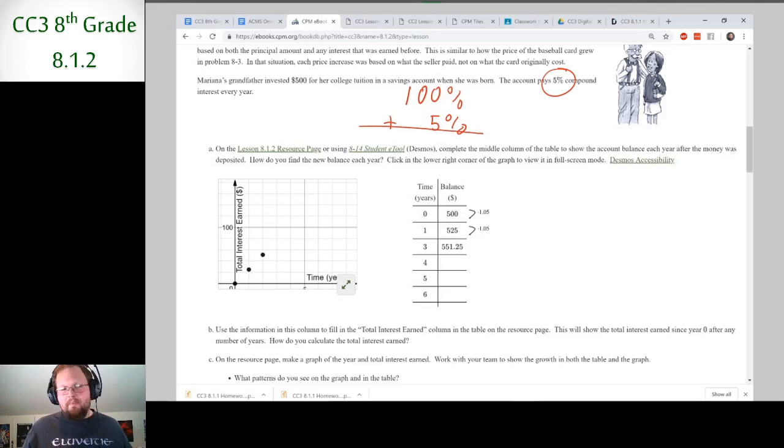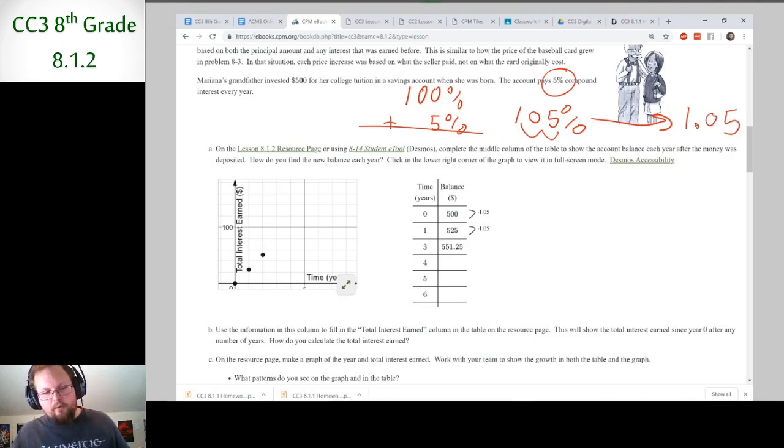I understand I'm kind of jumping the gun on this, but I want to show where this 1.05 came from. 100% plus 5% is 105%, which means that each year you have 105% of the money from the year before that. And you change this to a multiplier by moving the decimal so it becomes 1.05, which is where they got this value from.